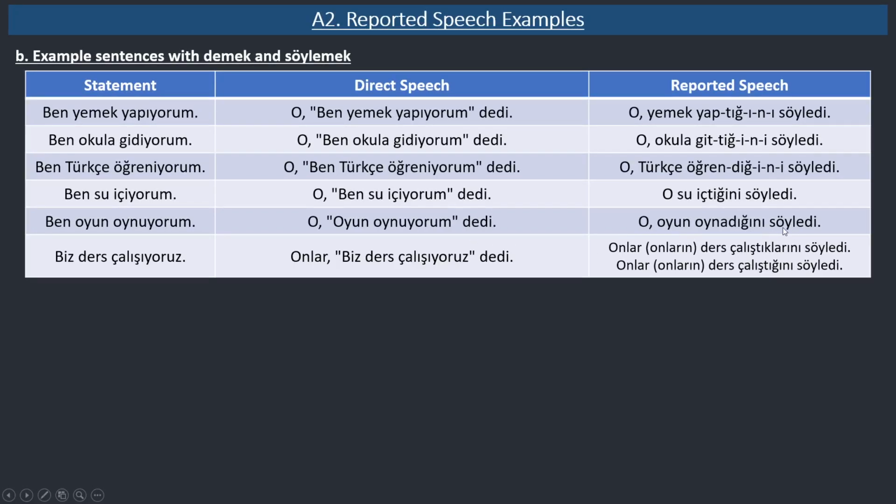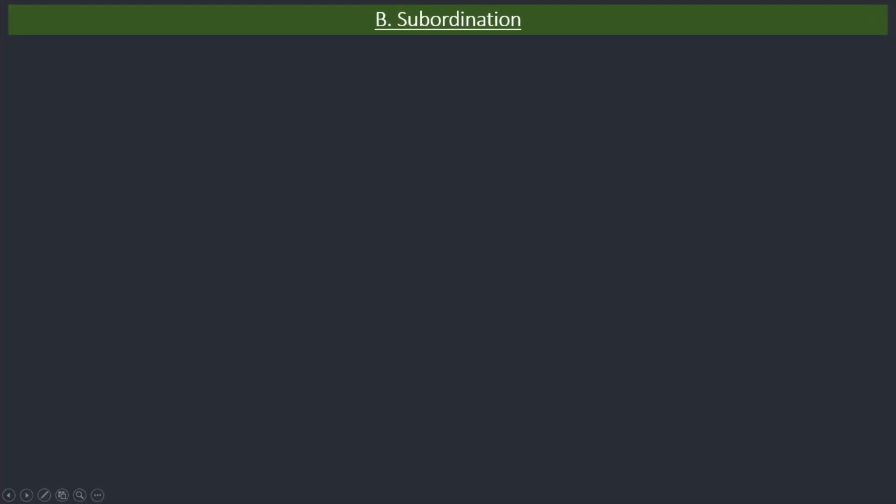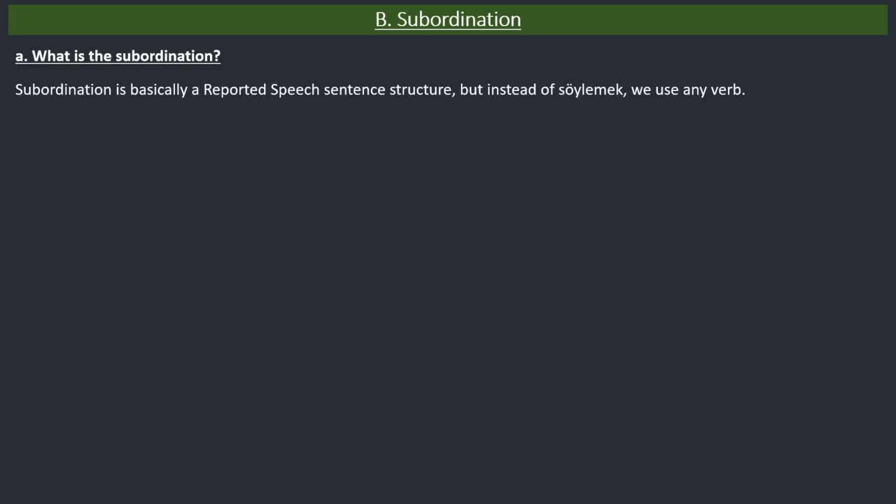We will use any verb with a suffix because that's the difference. Reported speech uses söyledi and subordination uses any verb. So let's see first the definition. And now the examples. So instead of söylemek, it uses any verb.